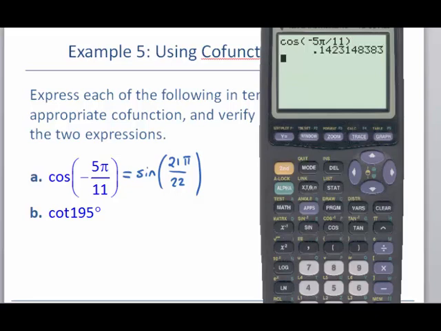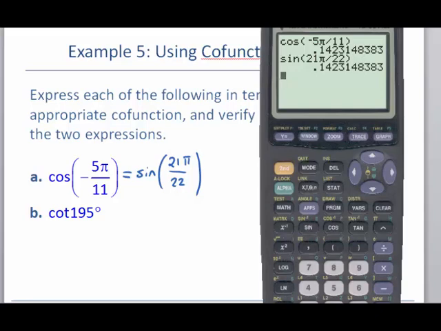And I'm going to get an answer for that. And then I'm going to enter in the sine of 21 pi divided by 22, and we'll get an answer for that. And we should get the same answer, showing that that cofunction relationship holds in that these two are equal.